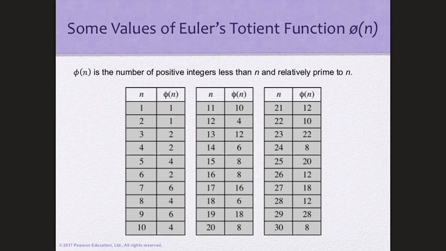Here we see a table of some values of that function for different values of n. So let's take one example and see whether the value makes sense. Let's take the example of 14. How many numbers are smaller than 14 and relatively prime to 14?